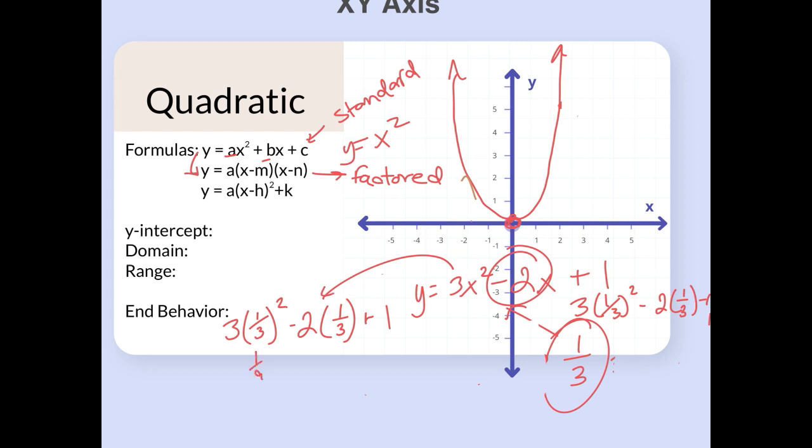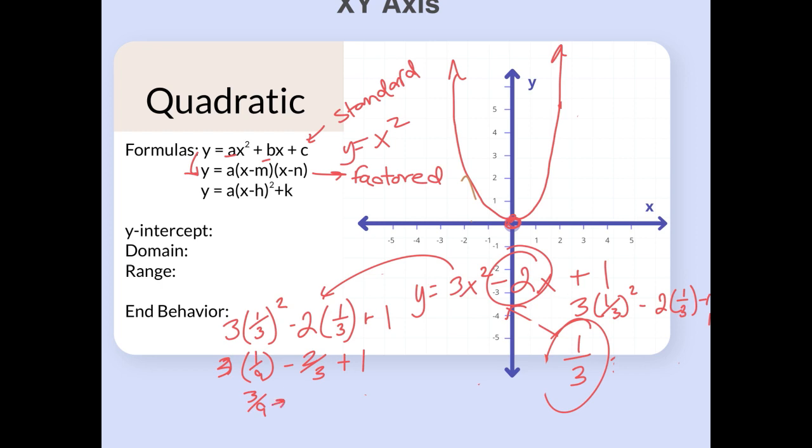Like I said, 1/3 squared is 1/9, minus 2 times 1/3 is -2 over 3 plus the 1.